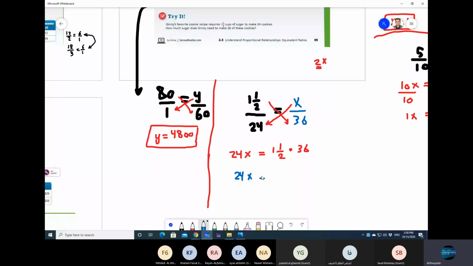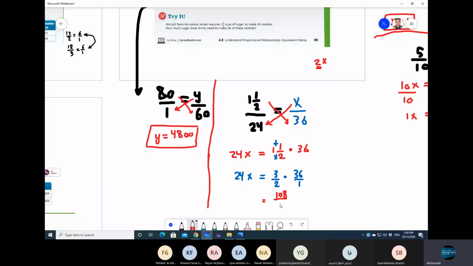You can simplify this. You can multiply, then add: 2 times 1 is 2, plus 1 is 3, divided by 2, times 36. You can put it over 1. So 3 times 36 gives you 108, and 2 times 1 gives you 2.